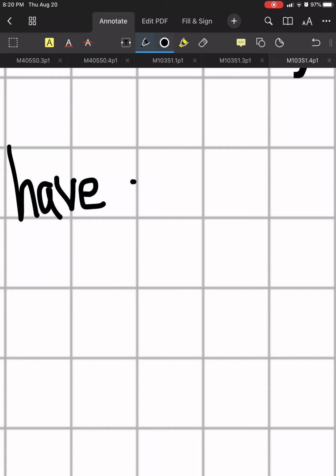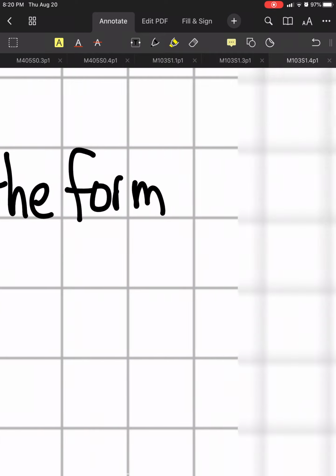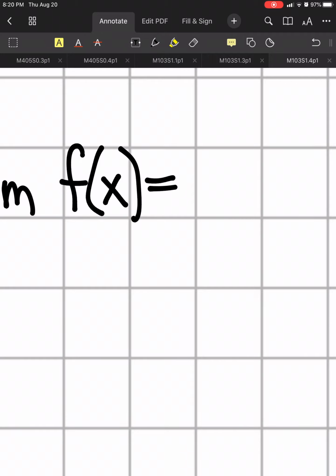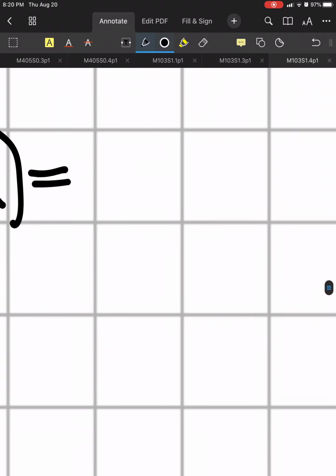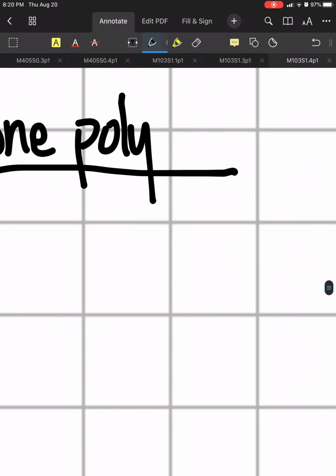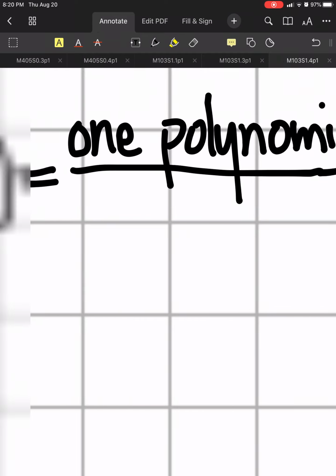If you have a function of the form f of x equals, and I'm going to write this in words here and we'll look at examples in a second, one polynomial over another polynomial.